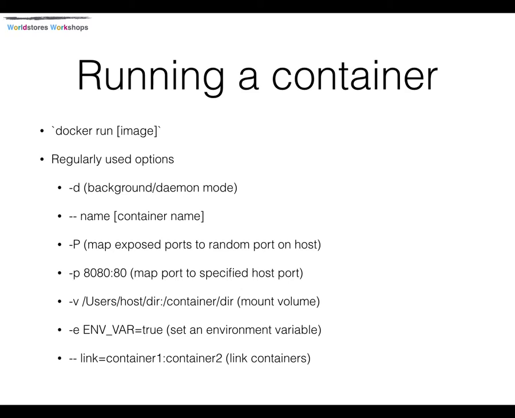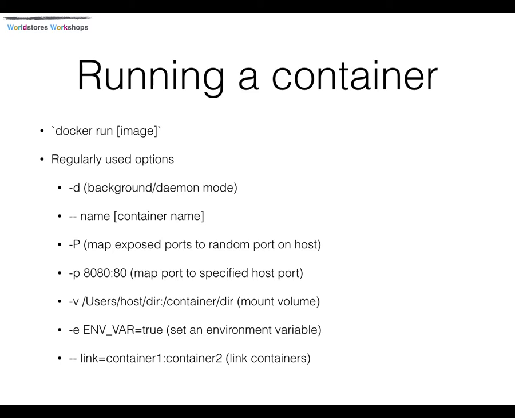The -P, so when images are built, you can tell images to expose certain ports. So for a MySQL image, you'd want to always expose port 3306, so that if another container was linking to it, it would have access to that port. -P will expose any of those ports to the host OS on a randomly assigned port.